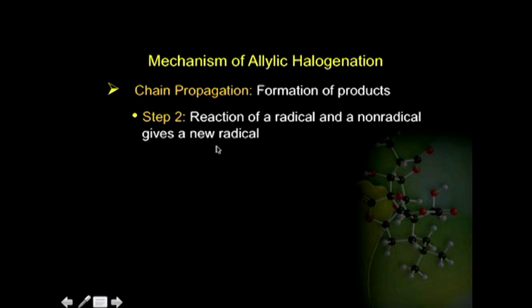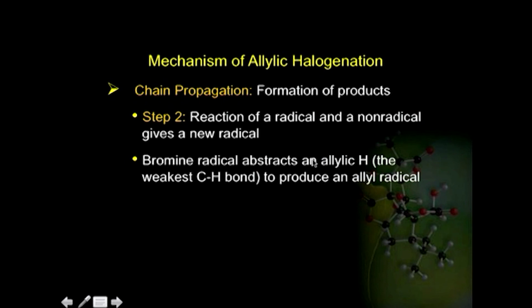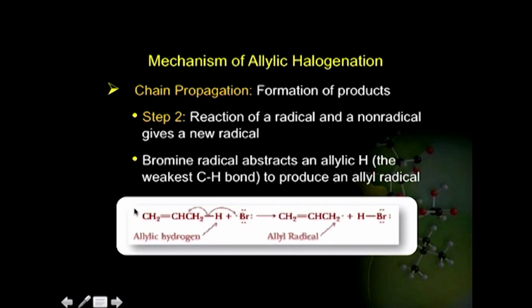So, in the second step, a reaction of a radical and a non-radical takes place to give rise to a new radical. Bromine radical abstracts an allylic hydrogen, which is the weakest C-H bond also. So, it can easily be removed to produce an allyl radical.